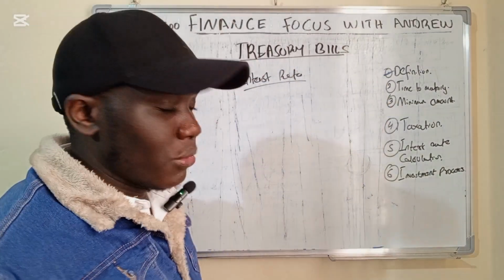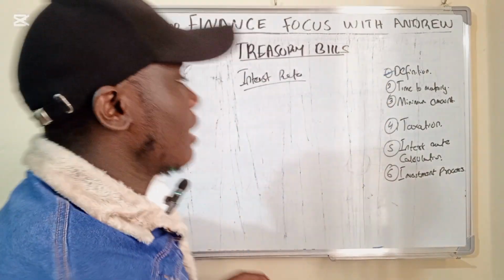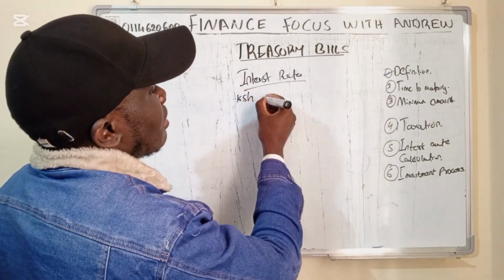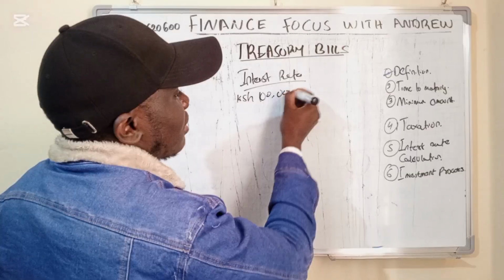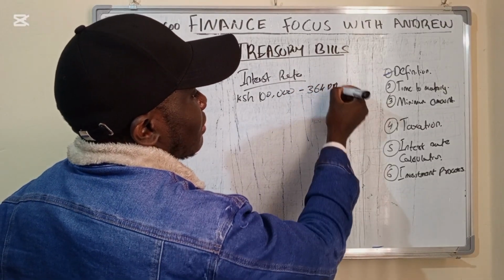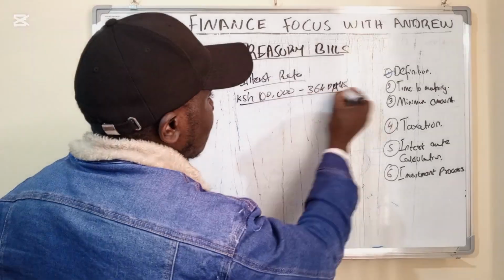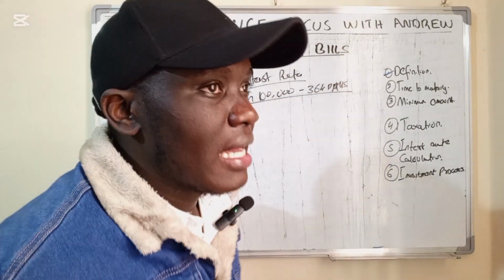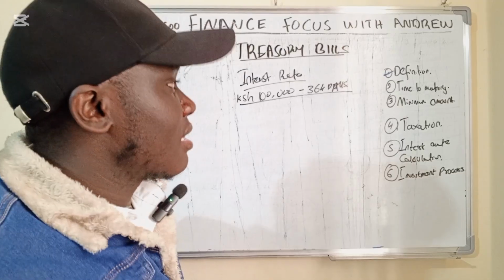Now, let's assume I want to invest 100,000 in the 364-day treasury bills. So I want to invest 100,000 in the 364 days.